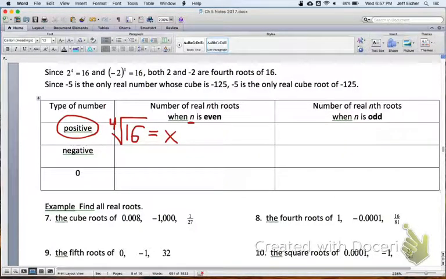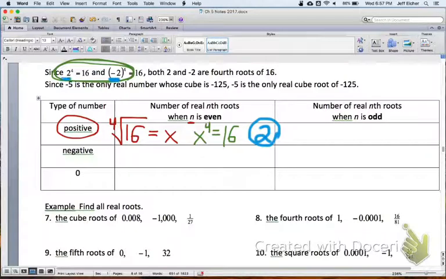So really what we're trying to solve is x to the 4th equals 16. What numbers to the 4th is 16? Well, we get two answers right there. 2 to the 4th is 16 and negative 2 to the 4th is 16. So in this part of the table, how many real nth roots are there? Well, there are 2 total real nth roots, negative 2 and positive 2. There are 2 of them, a positive and a negative.